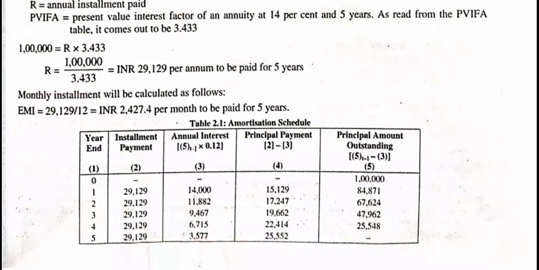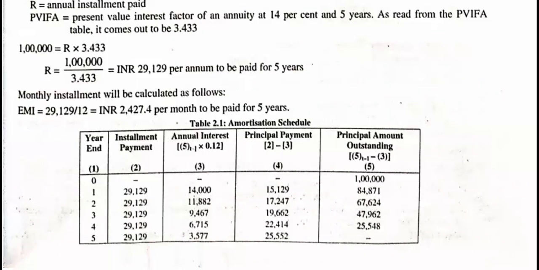Last year, again, the installment you will pay is 29,129, fifth year. Annual interest you will calculate on 25,548, you will get 3,577. Now 29,129 minus 3,577, so you will get 25,552. So here you will get a dash for the last year.